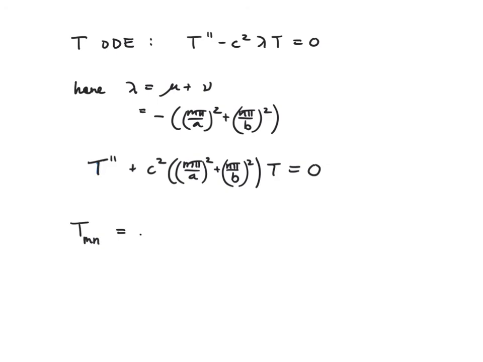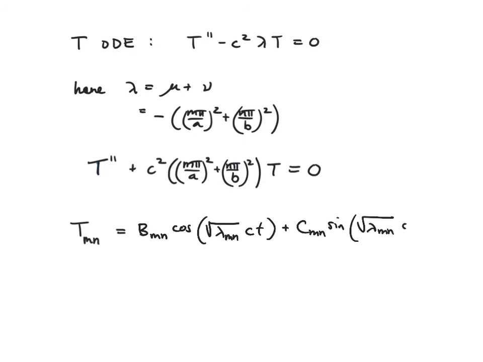So I'm going to write this as B_mn cos of root lambda_mn c t plus C_mn sine of root lambda_mn c t, where I'm using the notation that lambda_mn is (m pi over a) squared plus (n pi over b) squared.